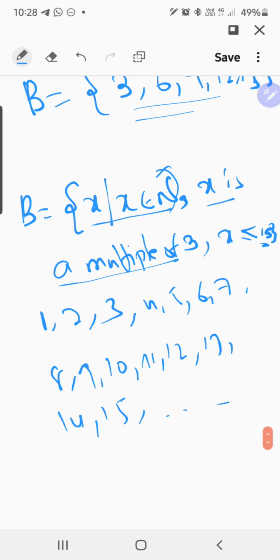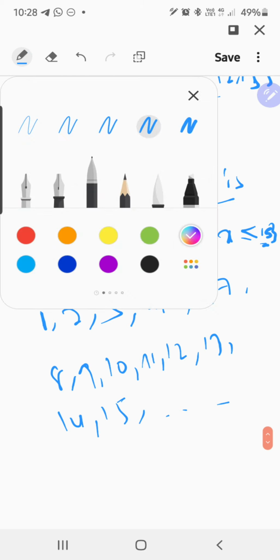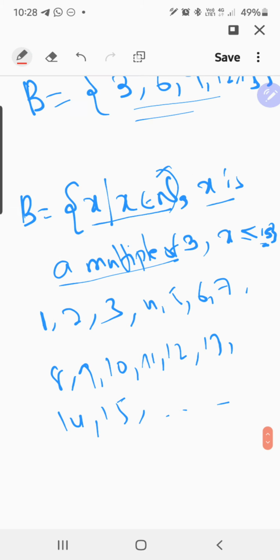If you are writing continuously, now try to check it. Let us start. Definitely 1 is not a multiple of 3, so we can't take 1. Similarly 2 is not a multiple of 3, so we can't take it; 3 is our correct answer.